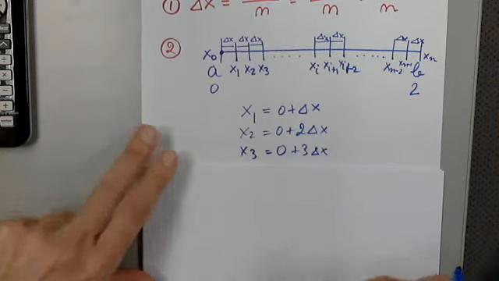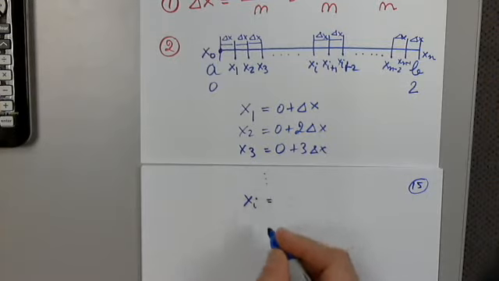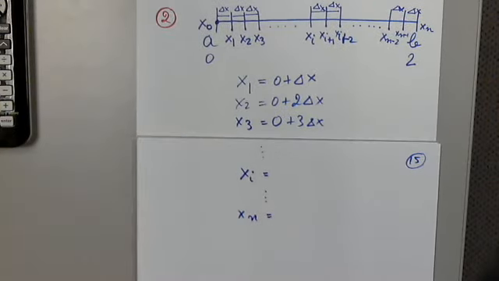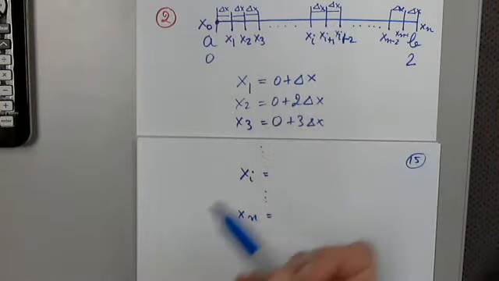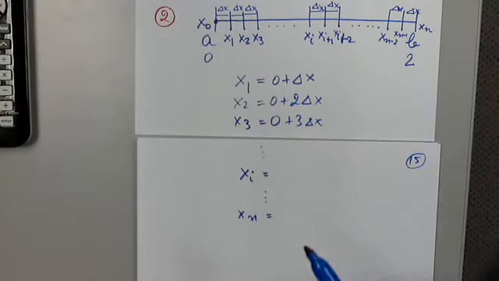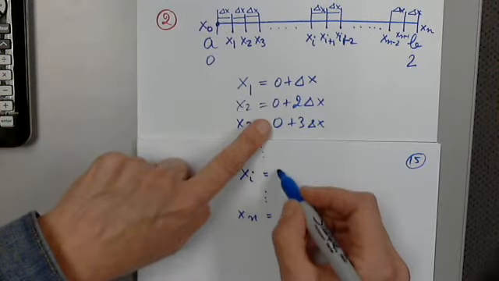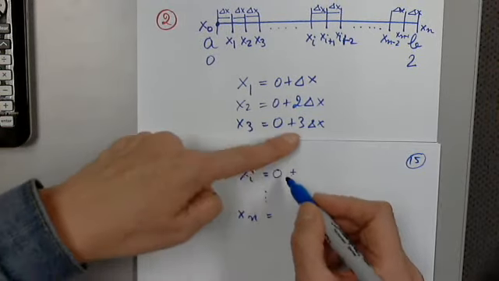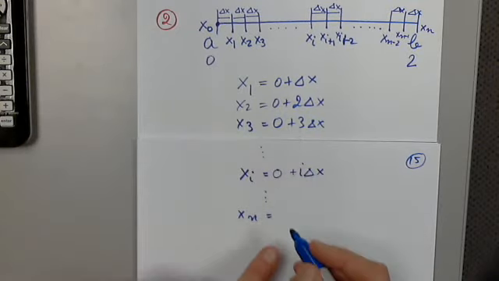I want the last one now, and before that, I want the intermediate one. What about xi? Of course, i goes from the first one, from i equals 1 through n. What is xi? 0 plus i delta x. Awesome. And the last one?